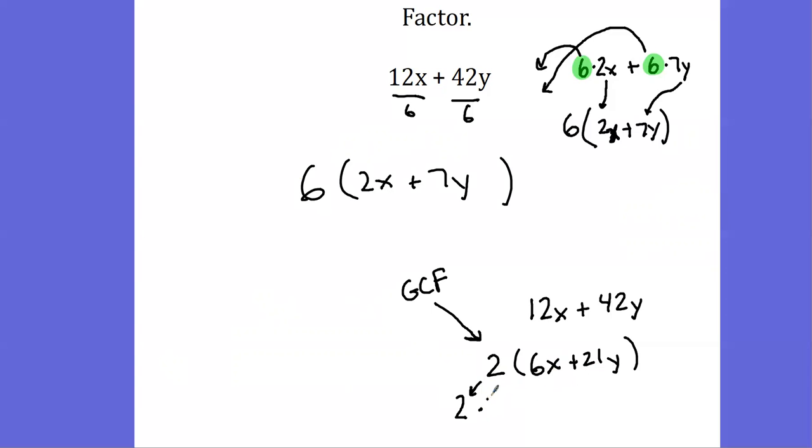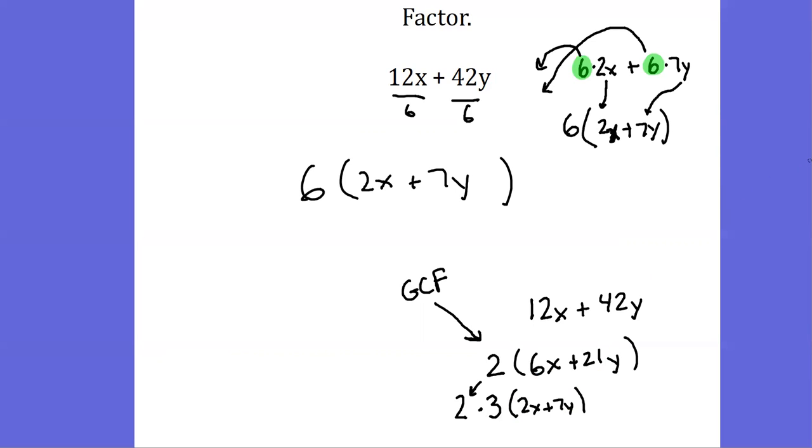And whenever we pull out extra stuff, we're going to have to multiply by our factor that we already pulled out previously. And 6x, so 3 times what would give me 6x? That would be 2x. And 3 times what would give me 21y? That would be the 7y.